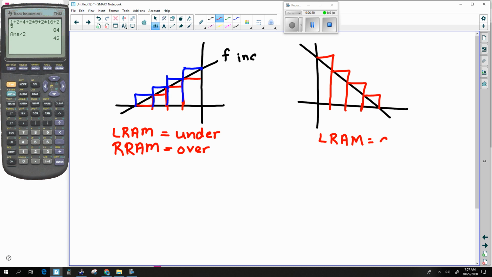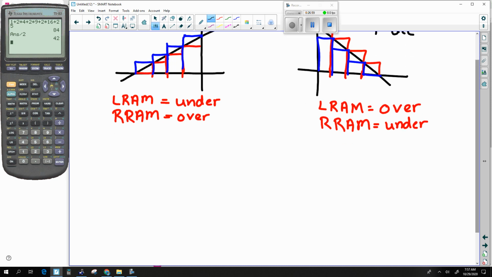If it's decreasing, this would be the overestimate. And the RRAM would be the under. Again, because you take the heights from the right-hand sides. That's an underestimate. All right, so that is if the function is decreasing.